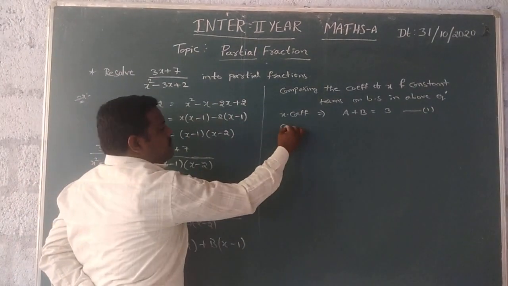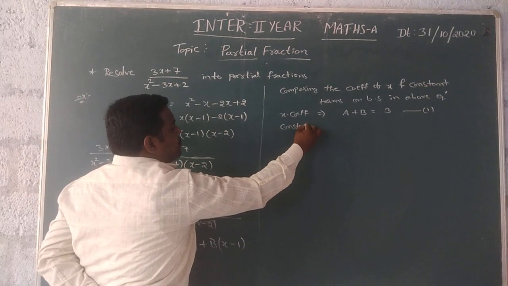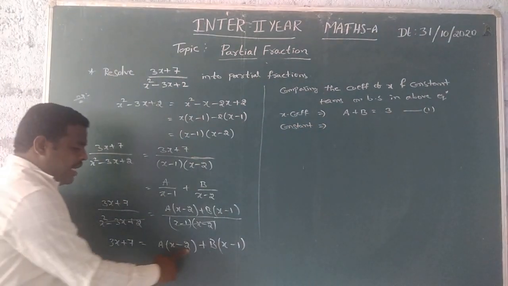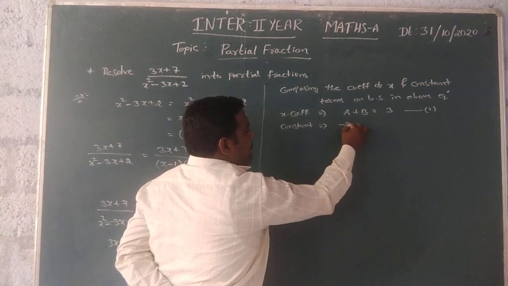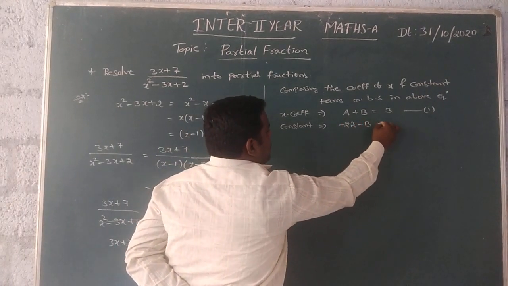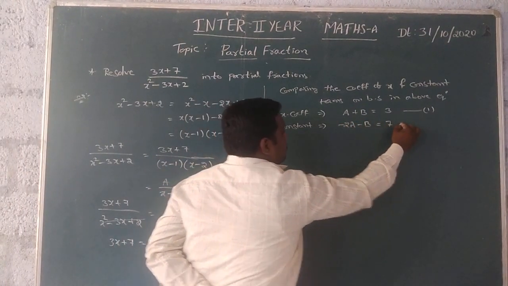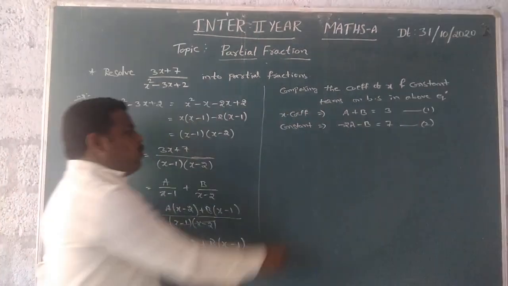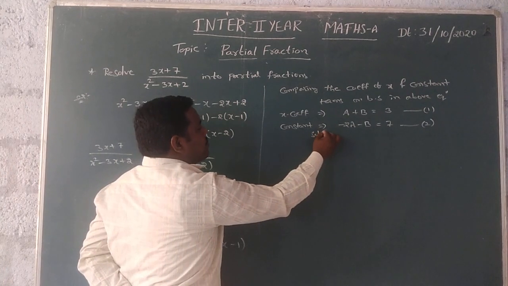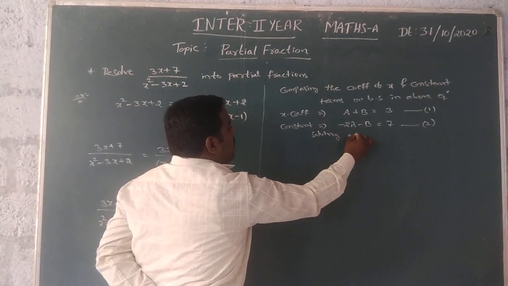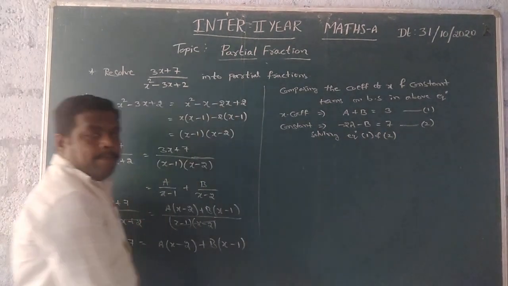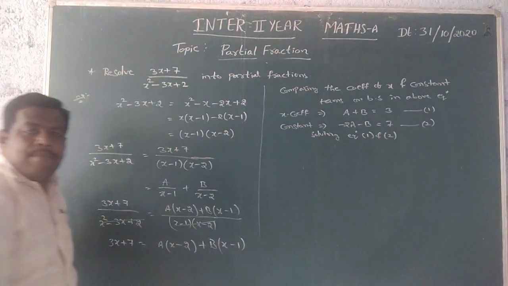Constant terms: on the right side, the constant terms are minus 2A minus B is equal to 7. Consider that as equation number 2. Solving equations 1 and 2, we get the values of A and B.